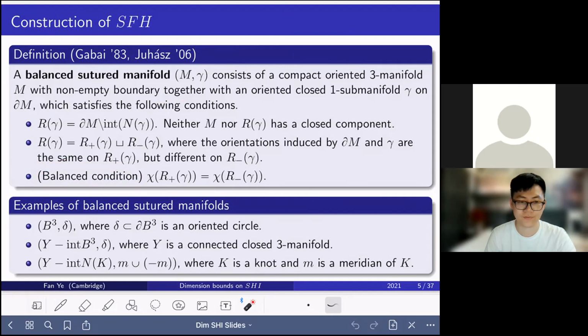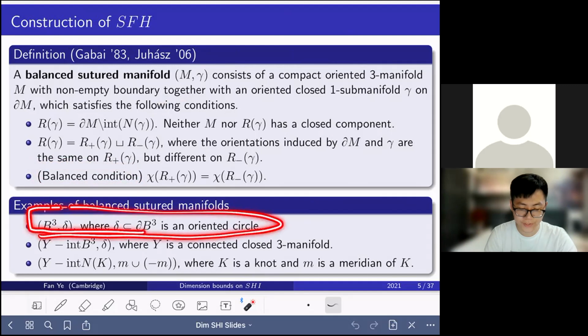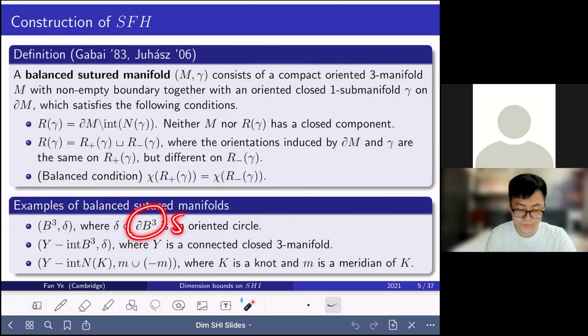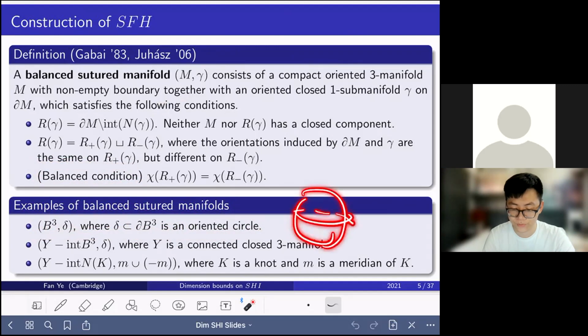So maybe let's just focus on some specific examples of suture manifolds. At first, say if we consider a B3, then the boundary of B3 is just S2. So if we choose a simple closed curve on S2, then we will get a balanced suture manifold because now the boundary is divided into two disks and they have the same Euler characteristic.